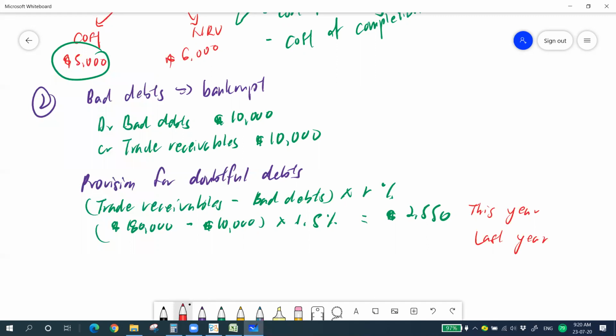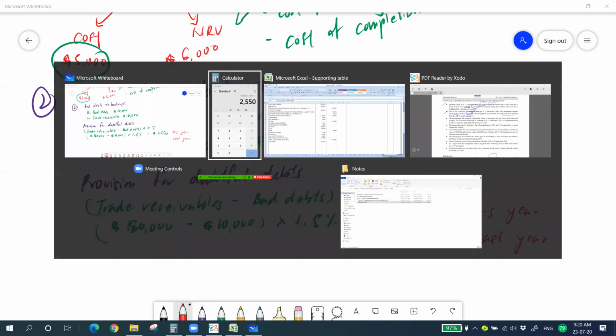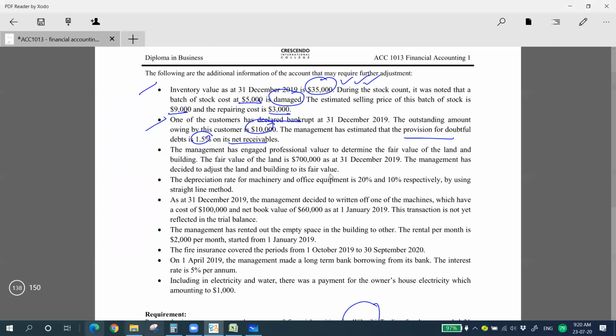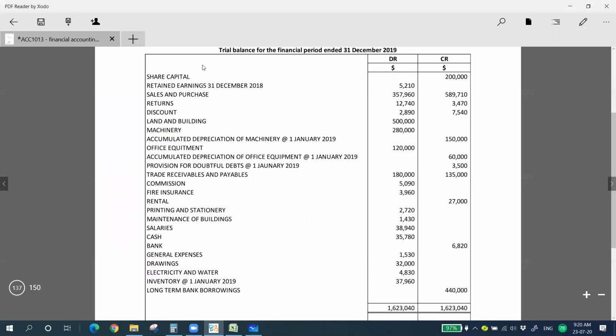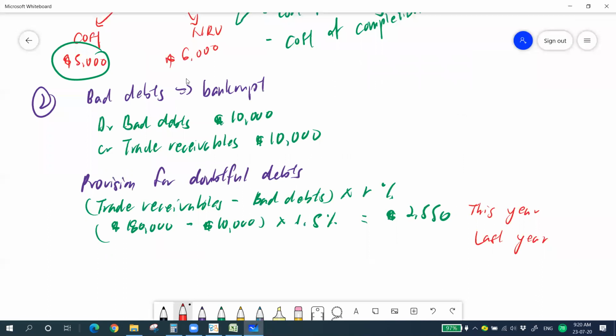After your provision for doubtful debts, you need to scan your trial balance to find out whether you have a previous year provision for doubtful debts or not. So in the trial balance, we notice this one. Last year, we have a provision for doubtful debts. The value is 3,500. So we include this 3,500 in our comparison.